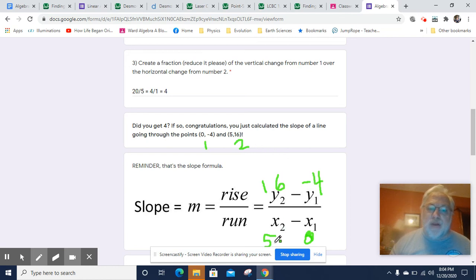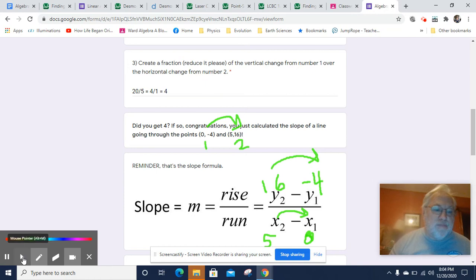Over here, I'm putting in a 5 for x2 and a 16 for y2, the x and y values for the second point. It's completely arbitrary which one I picked, but this allows me to keep them going in order, so the subtraction is all flowing in the same direction, from this point to this point.